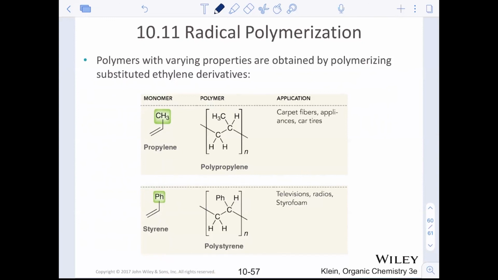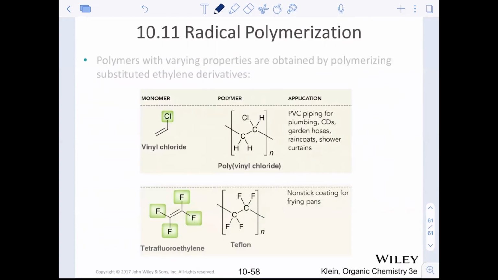Polystyrene is used for styrofoam, televisions, radios, all sorts of things. The ones that are maybe a little more in the forefront of your life, PVC pipes, CDs, garden hoses, all of those use vinyl chloride. And then tetrafluoroethylene, with all those 4 fluorines on there, that polymerization reaction makes Teflon for nonstick coating for frying pans.